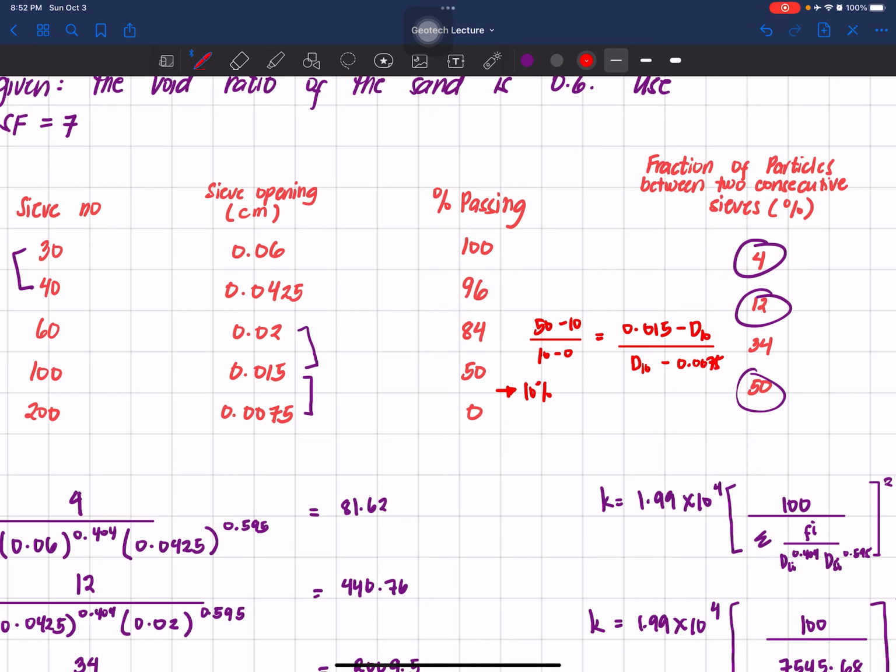Ayan. So let's compute for the D10. What is your D10? So that's 50 minus 10 all over 10 must be equal to, wait lang, 50 minus 10 times x minus 0.0075.